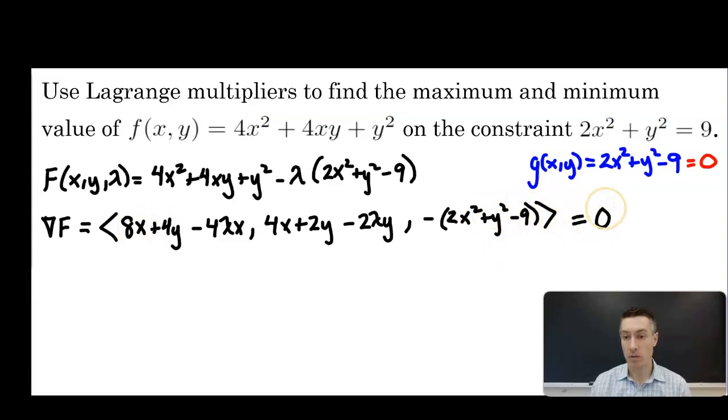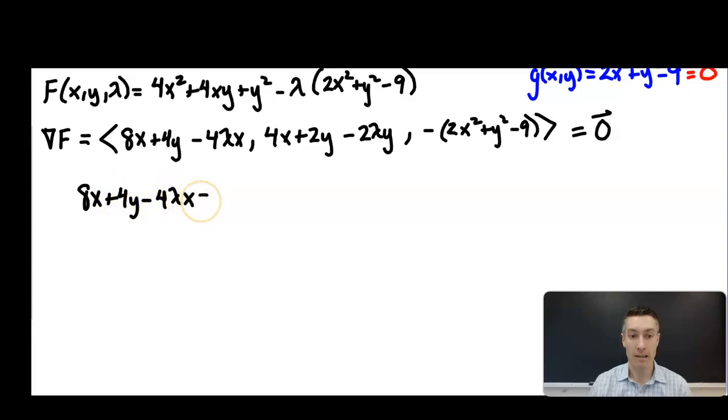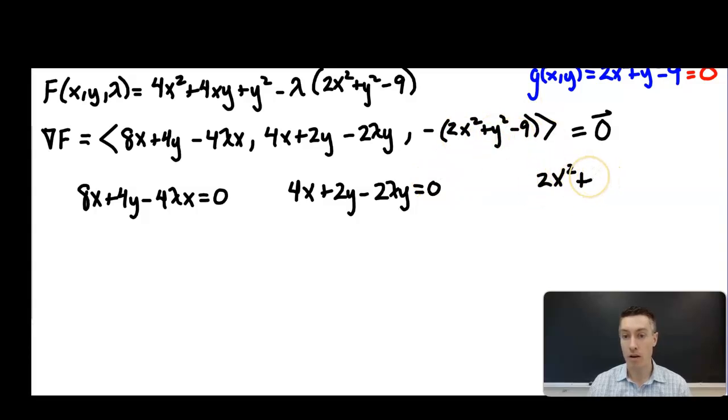So that has to be equal to the 0 vector to find our critical points. So 8x plus 4y minus 4 lambda x equals 0. 4x plus 2y minus 2 lambda y equals 0. And then this last component is nothing more than the constraint curve, 2x squared plus y squared equals 9. So any critical point has to fall on that constraint curve.